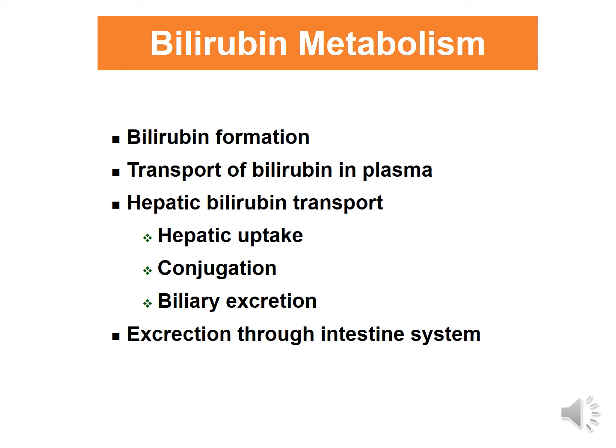So in the liver occurs bilirubin formation, then transport of bilirubin to plasma, and hepatic bilirubin transport like hepatic uptake, conjugation, biliary excretion, and excretion through the intestine system.